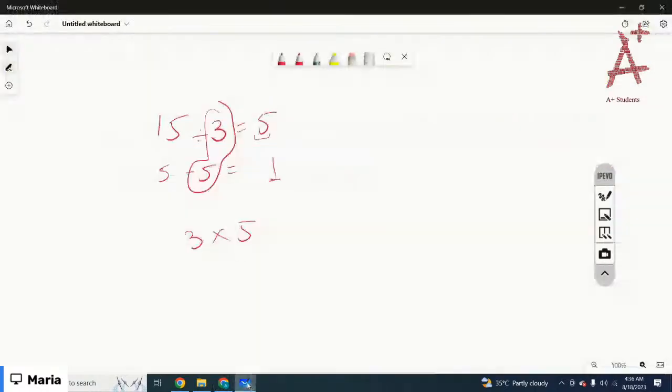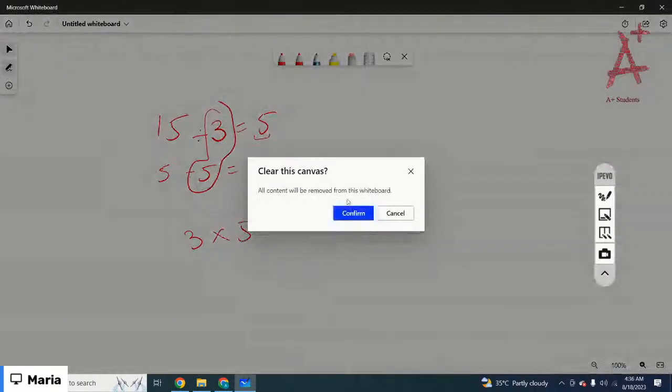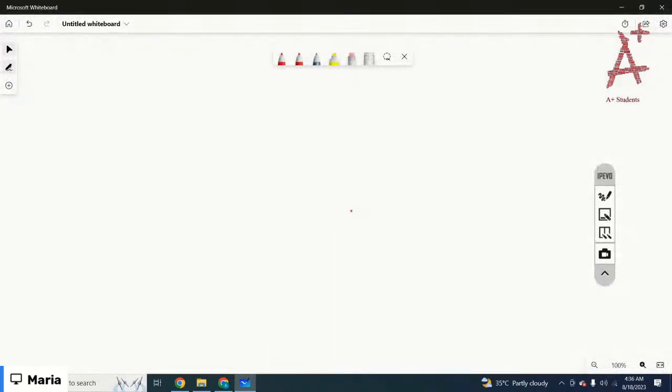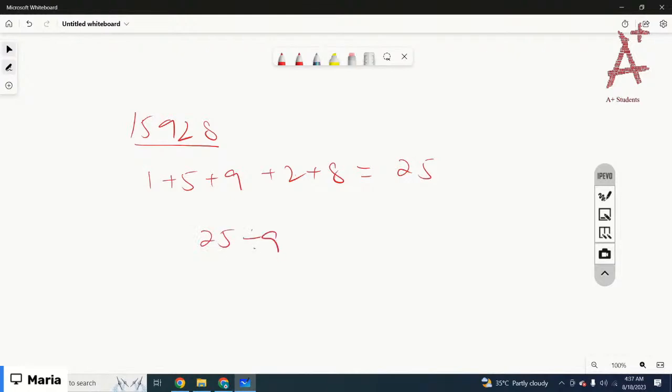The divisibility rule for 9 is that if the sum of the digits is divisible by 9, then the number is divisible by 9, right? Just add them: 1, 5, 9, 2, 8. 10, 19, 20... 25. Is 25 divisible by 9? No. That means 15,928 is not divisible by 9, right?